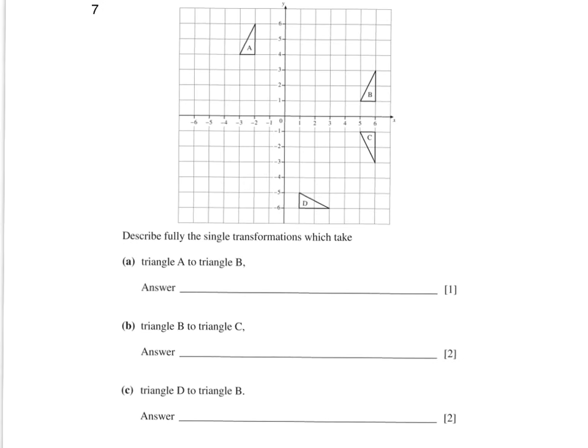We have another question now on describing the transformations. So first of all, we're asked to describe the transformation going from triangle A to triangle B. This is simply moved position. So this is going to be a straight translation. And although this is just one mark, we do need to give the vector here.